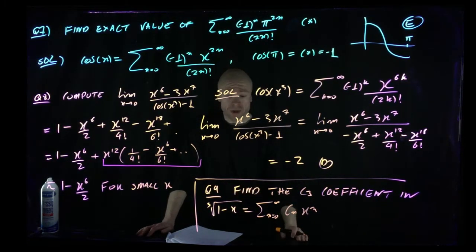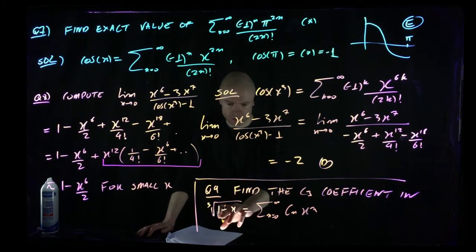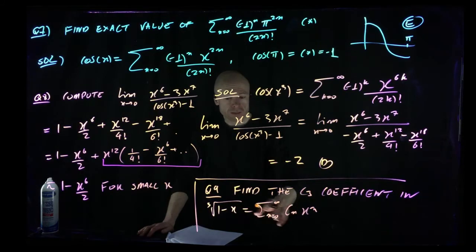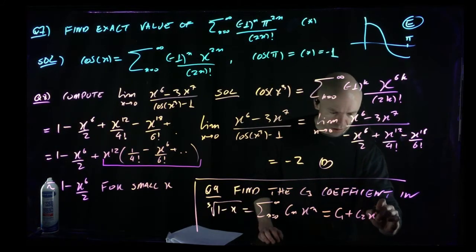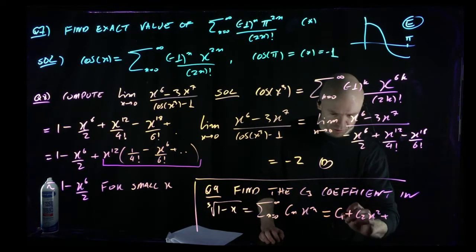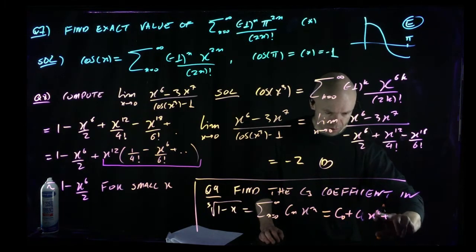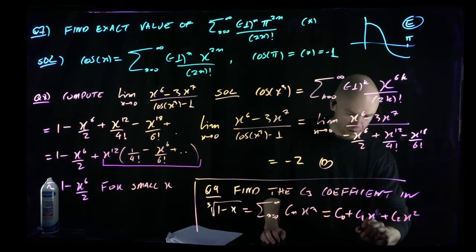This is the binomial expansion, or the generalized binomial expansion of this expression, 1 minus x. Okay, so this is one of the slightly more technical topics we discussed. And it's asking us to find the third coefficient of this thing. So right at the first terms, we're going to have c0 plus c1 x plus c2 x squared plus c3 x to the 3.